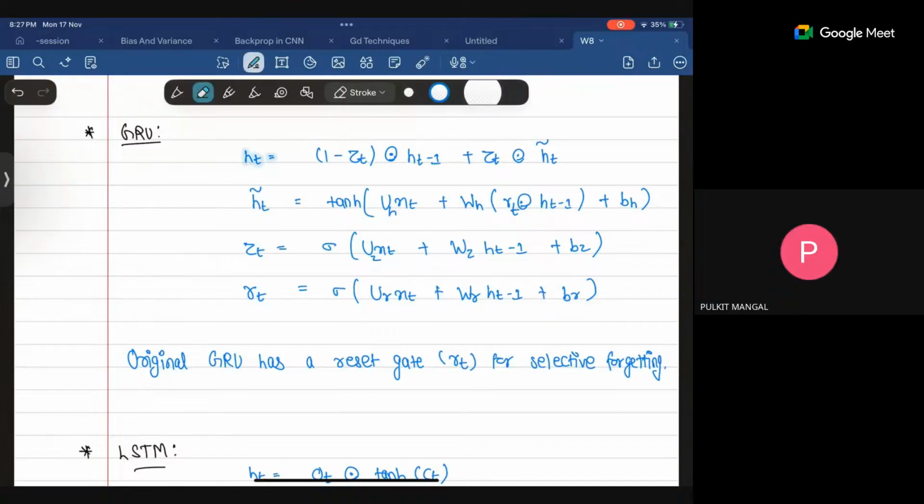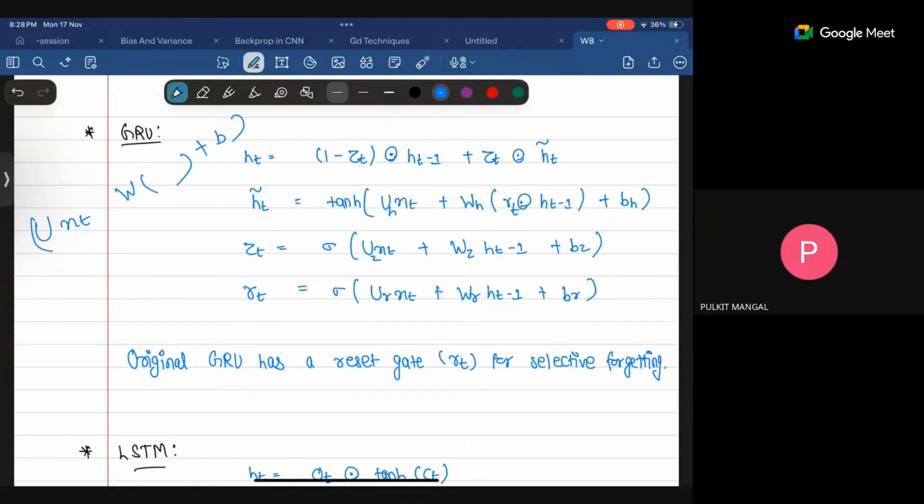Even for the LSTM, which will have two more equations, the format will be almost the same. You will have some U, which you multiply with xt, then you will have W, which you multiply with either ht or some representation of ht, and then if you want, you add a bias, and this whole thing goes through some activation function. It depends on whether it is a partial representation or whether it is used in a probabilistic way.